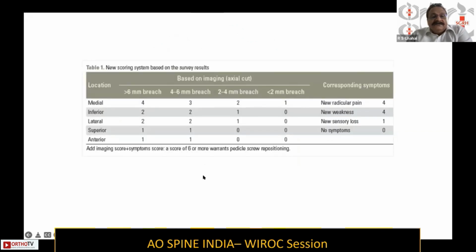Based on this, they came up with a new scoring system, which looks at the location of the breach, the amount of the breach, and the symptoms it has caused. If the score is more than 6, it warrants a pedicle screw repositioning.